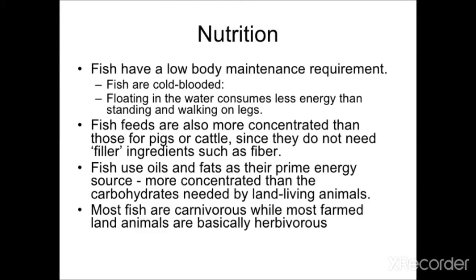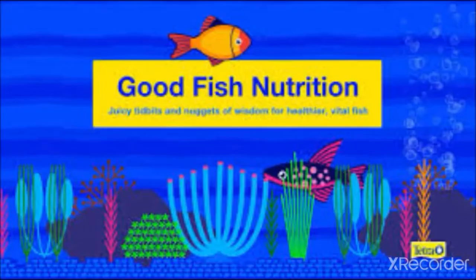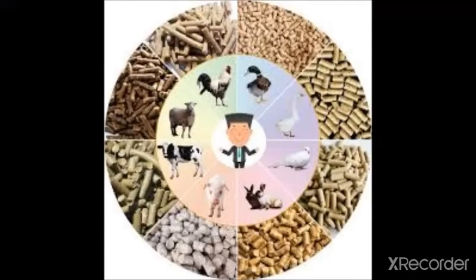Okay, the next point is nutrients. Protein, lipid, carbohydrate, vitamins and minerals are important nutrients required for better growth and health of fishes. You see in this video the nutrient protein. We will start with the first nutrient, that is protein.